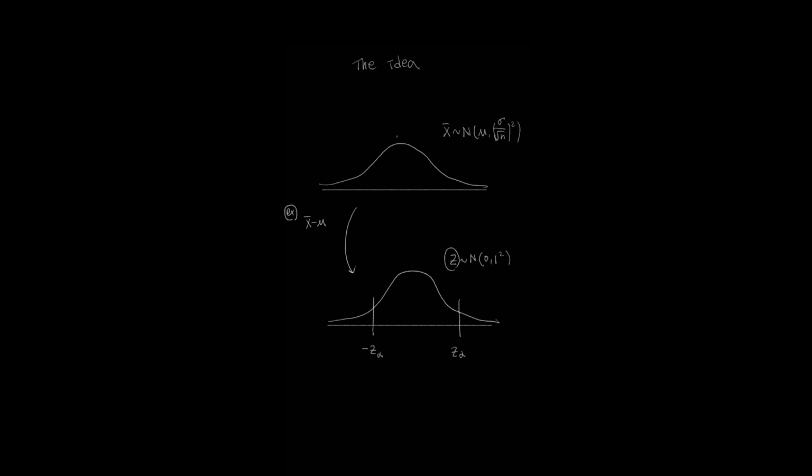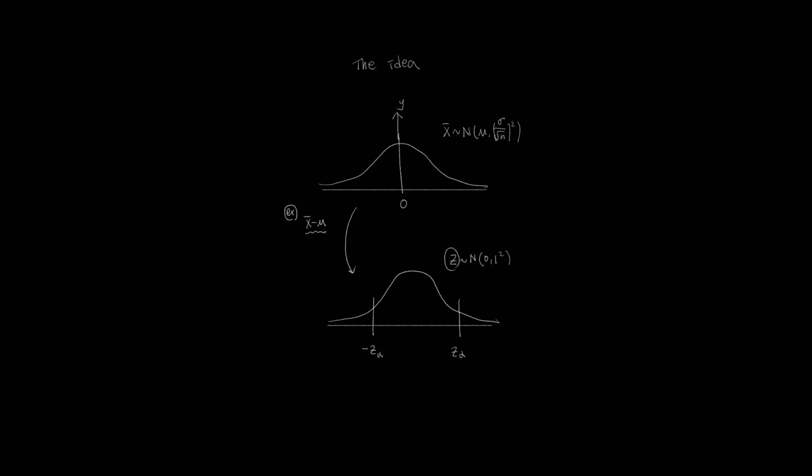Subtracting the mean has the effect that the mean of the distribution, which is mu, moves, so the whole distribution shifts this way by mu. If there's 0 here at the y-axis, then it moves this much, and the whole distribution moves to this, so that mu becomes the y-axis.